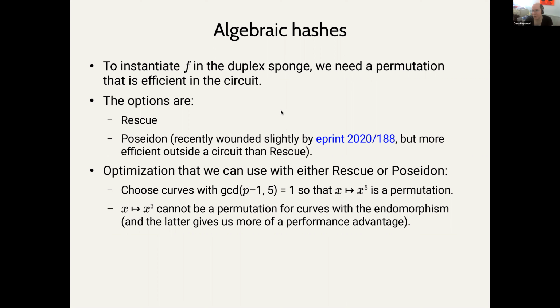There have been quite a few proposals for hashes that are efficient in algebraic circuits recently. Two of the most promising ones are called Rescue and Poseidon. And this actually is why we needed this property of the fields, because both Rescue and Poseidon use these mappings that need to be permutations.